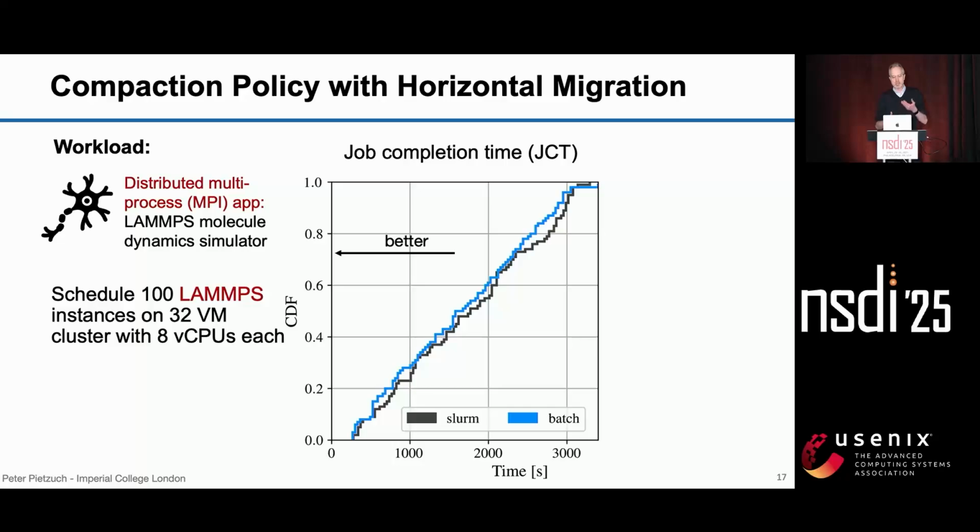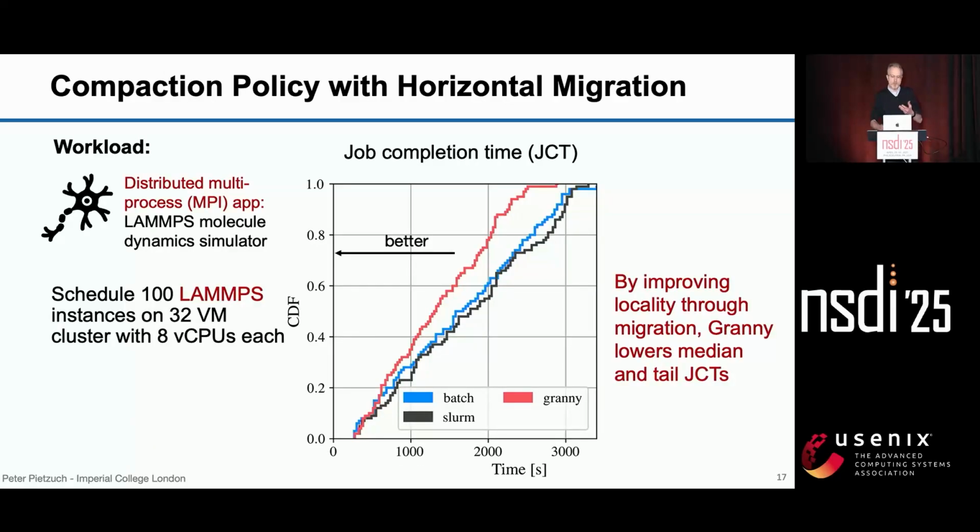And this shows the CDF that we get of job completion time for the Azure Batch scheduler and the Slurm scheduler. You can see that they behave quite comparably, because even though they emphasize utilization versus fragmentation differently, both of them negatively impact job completion time, so they behave quite similarly.